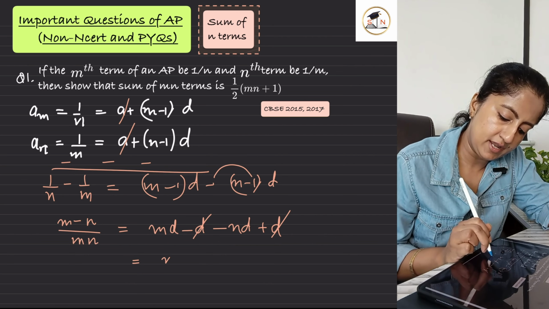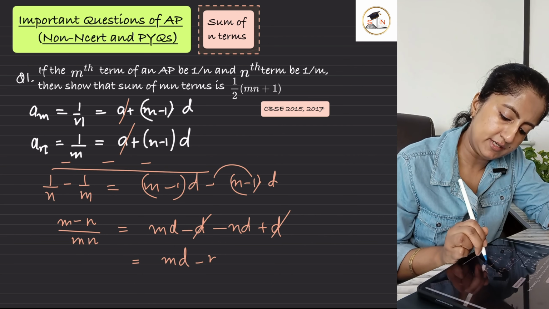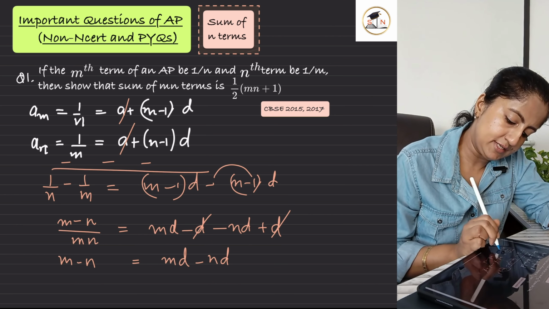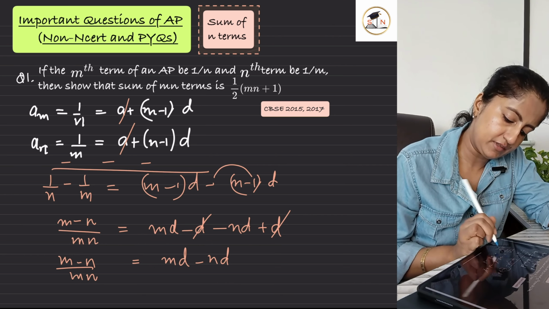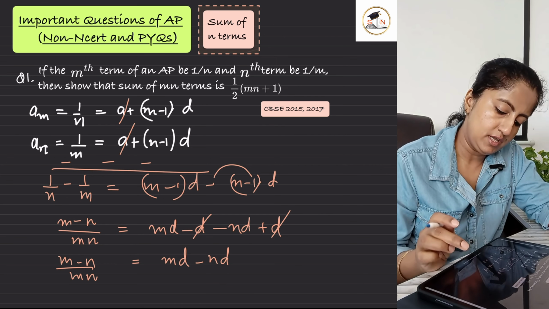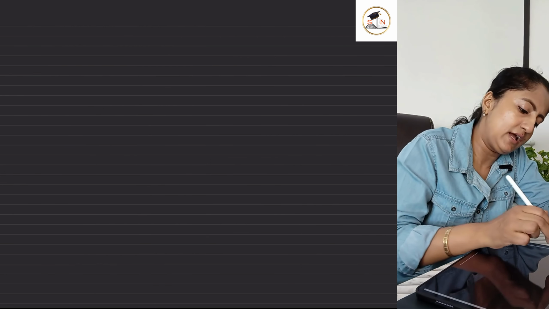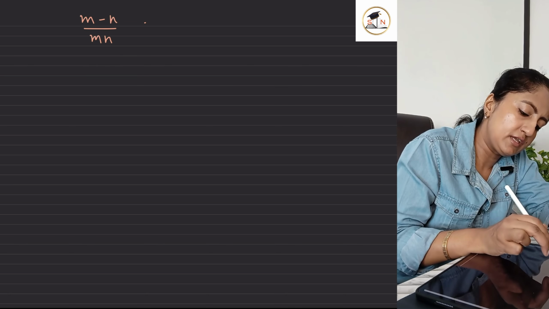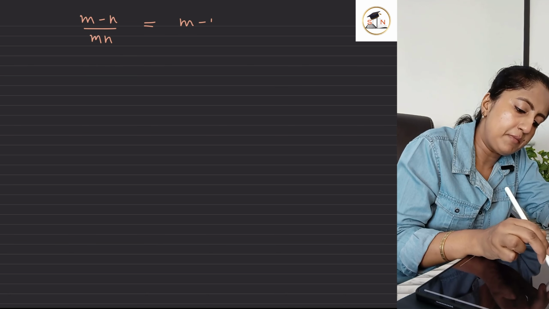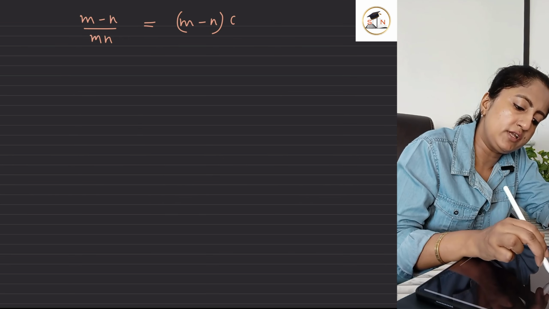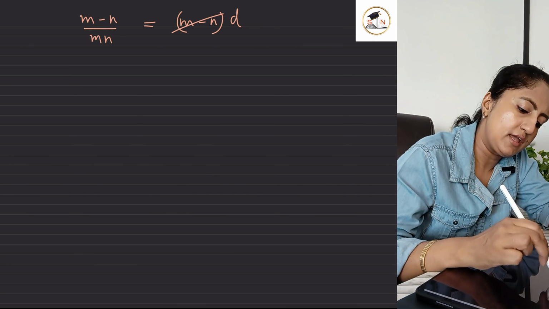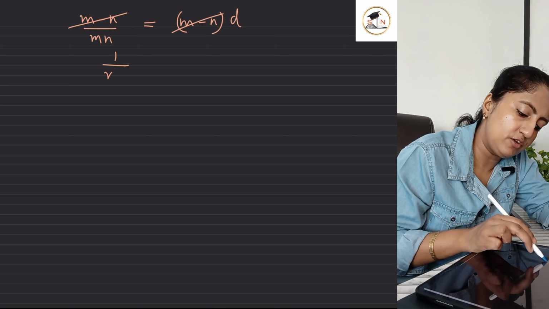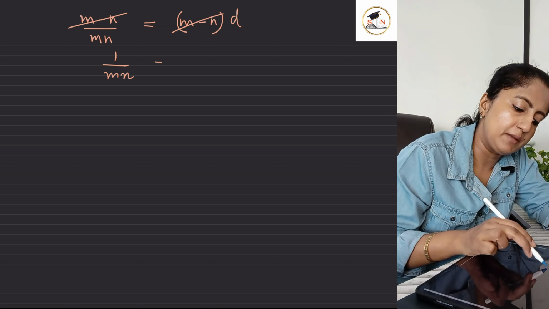On the right side, I am left with md minus nd, m minus n over mn on the left. So now equating this further, what we have is m minus n over mn equals m minus n times d, I have taken out d as a common factor. So now m minus n got cancelled and we got the value of d, which is 1 over mn.